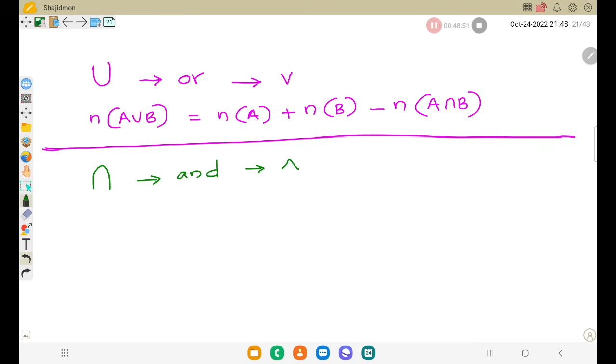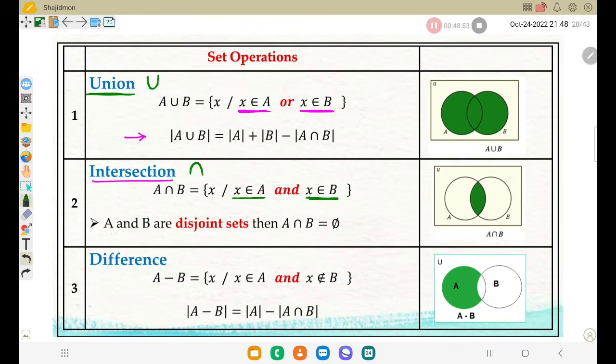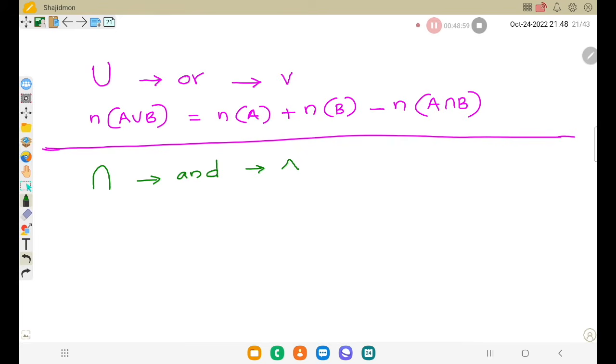Now you can see, if A and B are disjoint sets, A intersection B should be phi, empty. For example, you can see one set is here, one set is here. What is the intersection of these two sets? Nothing, not intersecting, correct. So how can we write A intersection B? A intersection B equals phi. The first set is A, the second set is B. There is no intersection, there is no common portion.